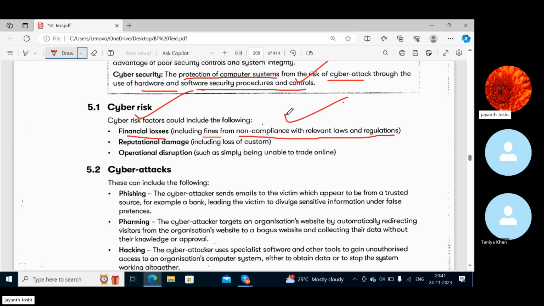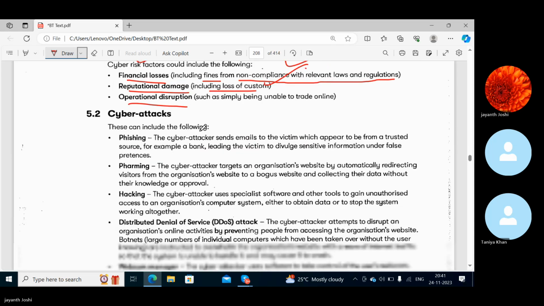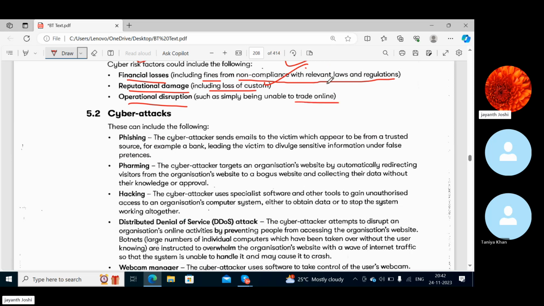If they are taking this very leniently, that they don't have a cyber security cell or some department, then it's not complying with laws. Reputational damage, including loss of custom. Operational disruption, that means now whatever the trading, whatever they were doing online is disrupted. Online trading cannot happen. If they want to sell goods to someone, they cannot sell now.